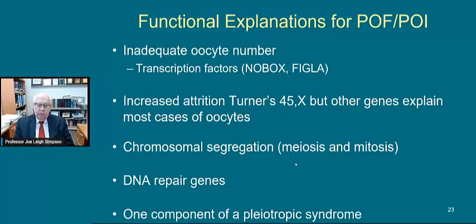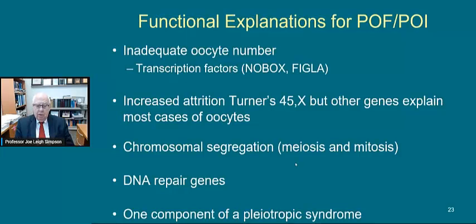It's not a shock, because, as I will mention in at least one slide, we've known that there are certain rare conditions in which chromosomal breakage occurs, and they almost always have ovarian failure.